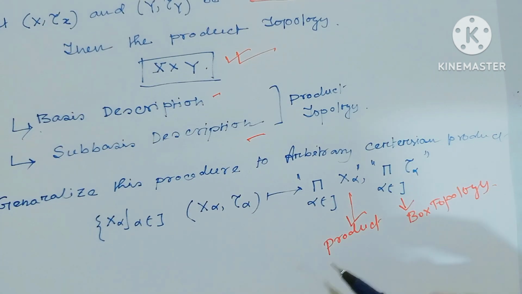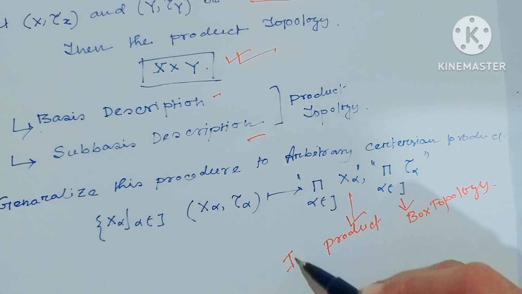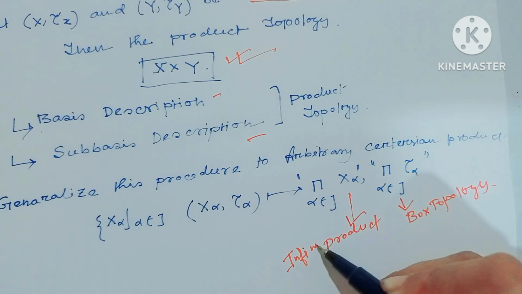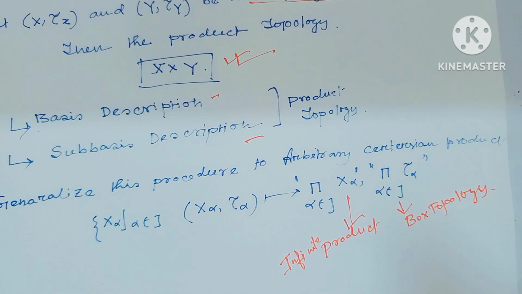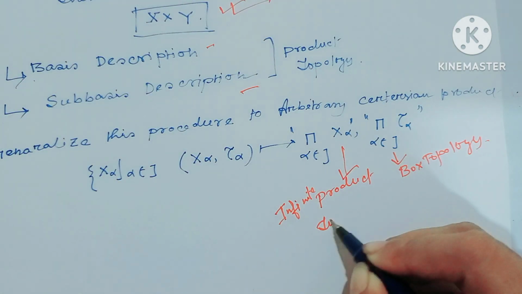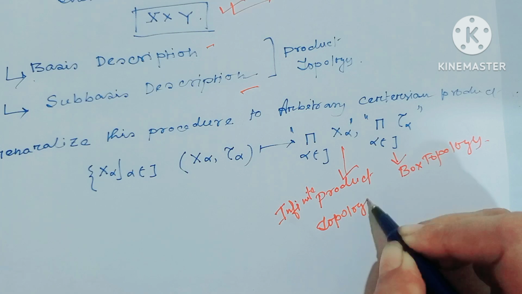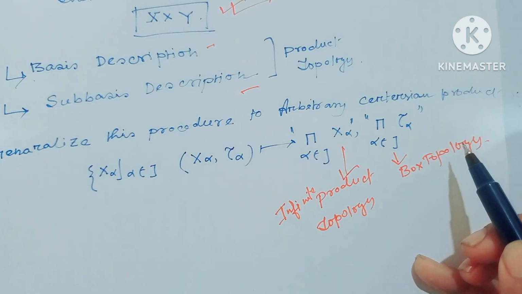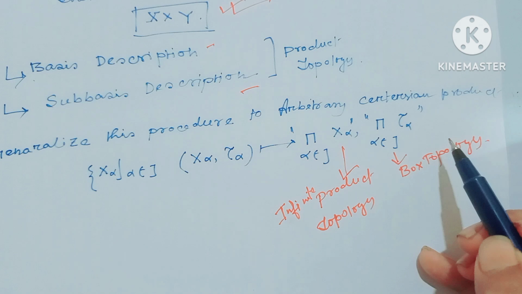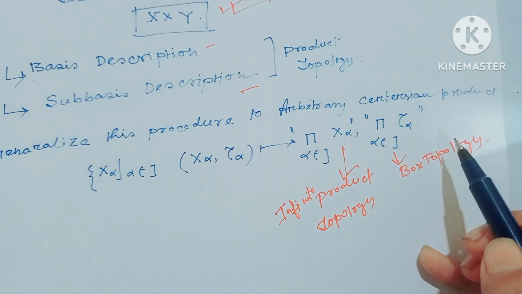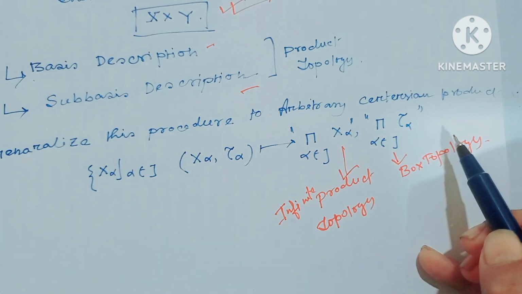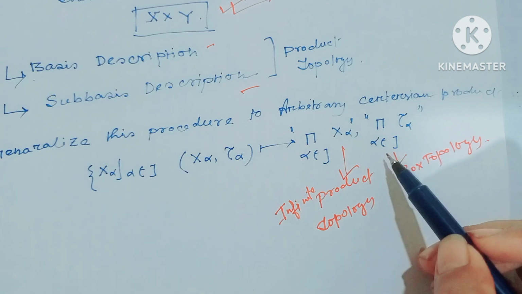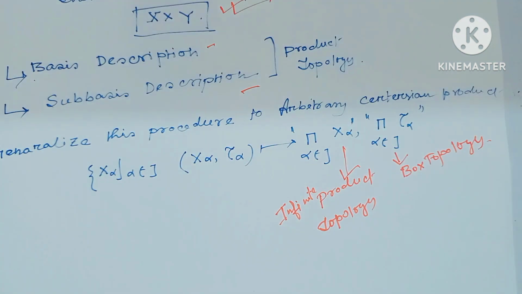That means when infinite product of only the topological space, then this is product topology. And when infinite product of this tau alpha, collection of, that means tau alpha means we all of us know tau alpha is collection of open set where obviously alpha belongs to J, since this is the infinite.